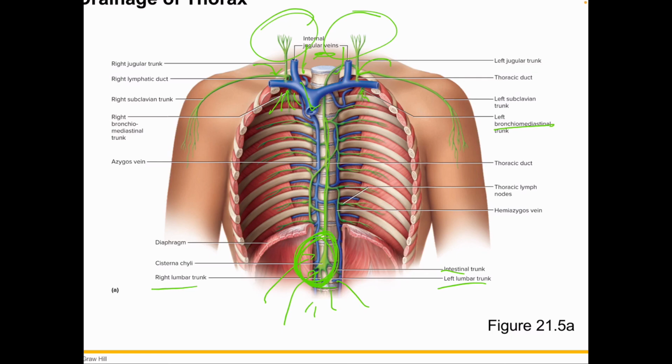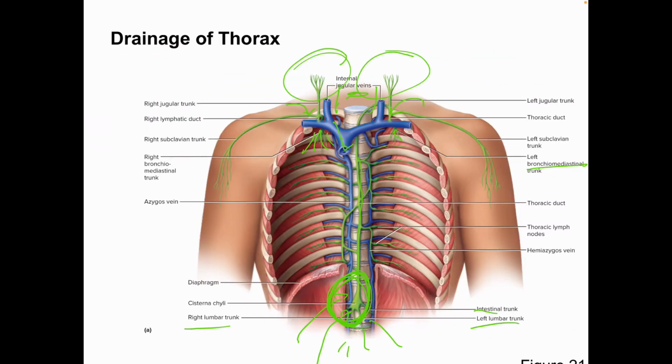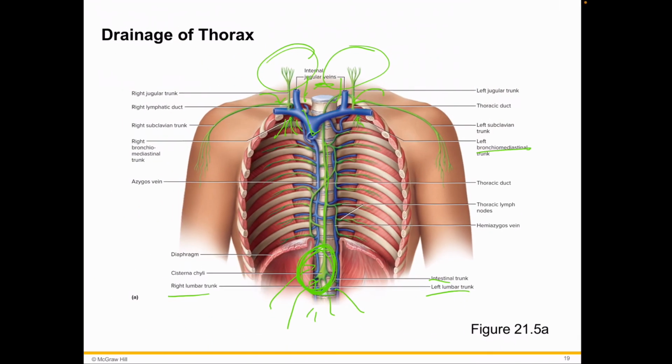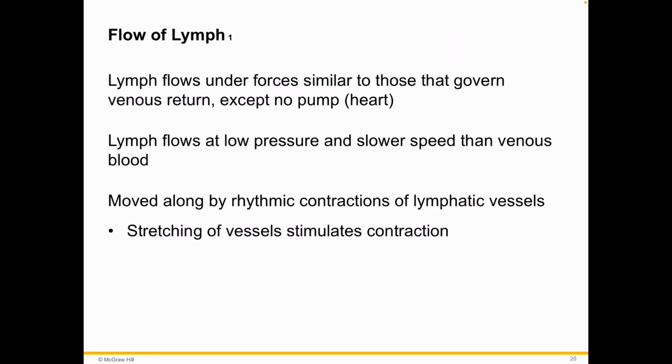Okay, so the flow of lymph. The lymph itself is going to flow under forces similar to those that govern venous return, except there's no pump, but there also kind of is. In this case, the pump is the heart, but not directly, right?